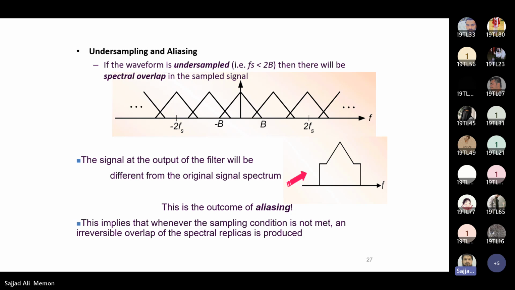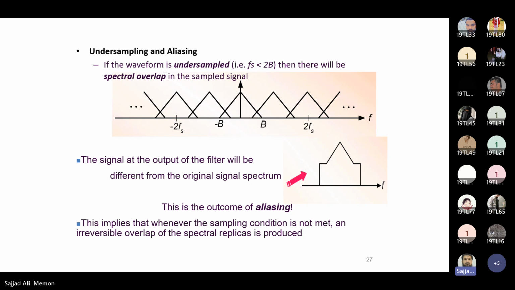So, undersampling and aliasing. If the waveform is undersampled, that is, the sampling frequency is less than twice the bandwidth, then there will be a spectral overlap in the sampled signal, as you can see in the figure. That means we have taken a sampling frequency less than twice the highest frequency component available in the analog signal.